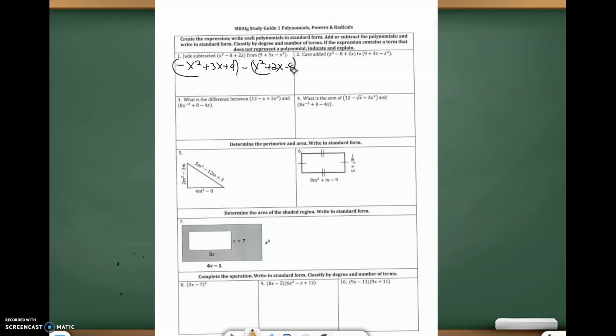Do not forget to distribute your negative sign since we're subtracting, right? That's going to be negative x squared minus 2x plus 8. Then we're going to combine like terms, so we get negative 2x squared plus x, and then 9 and 8 is plus 17.